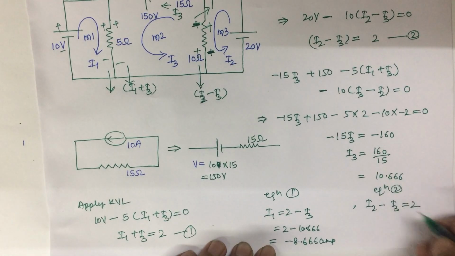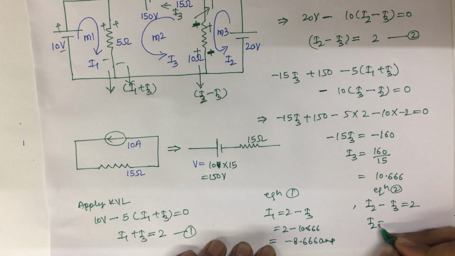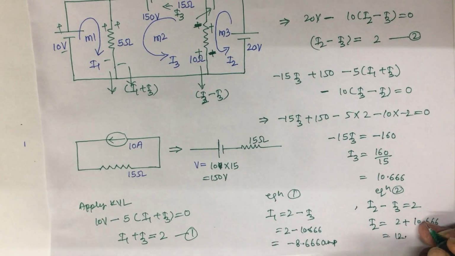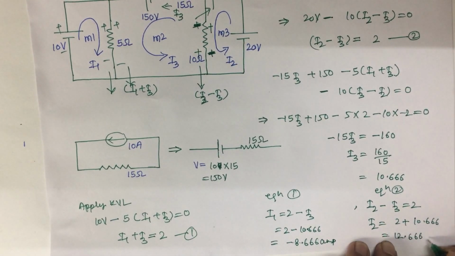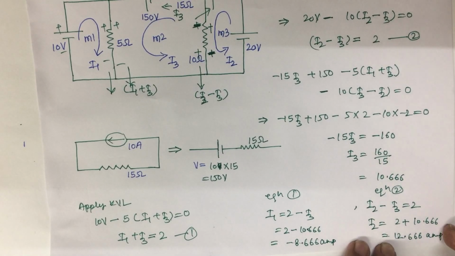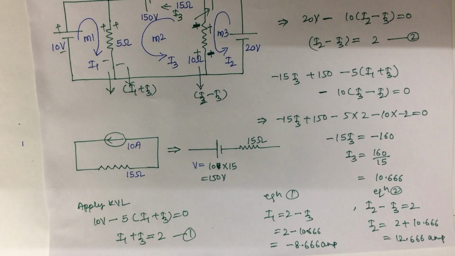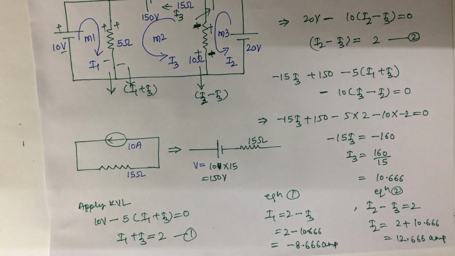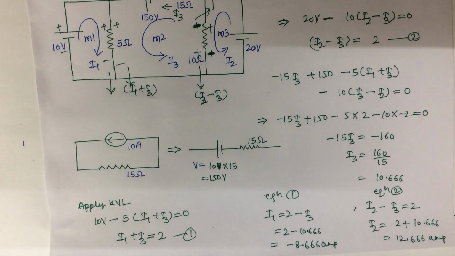Put the value of I3, and I2 is equal to 2 plus I3. I3 is 10.666. It would be 12.666 ampere. So in this way we solve I1 and I2 values, which are the same as we solved earlier in nodal analysis. So in the next lecture we will also solve some problems of GATE. Thank you.